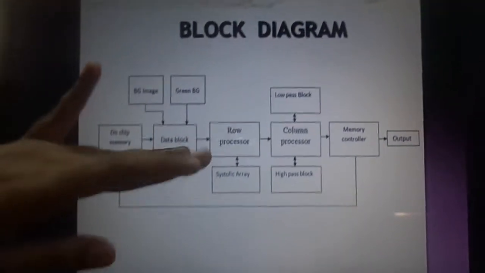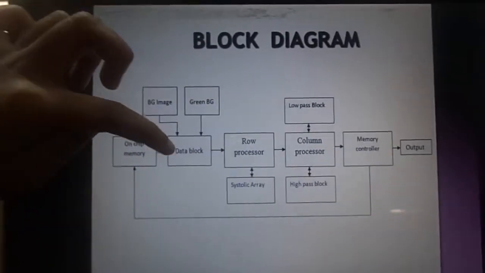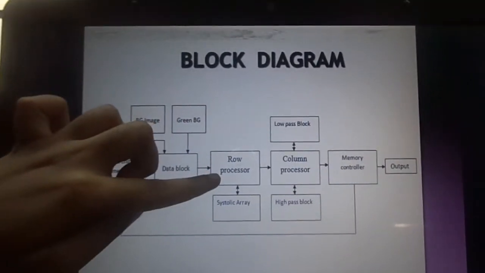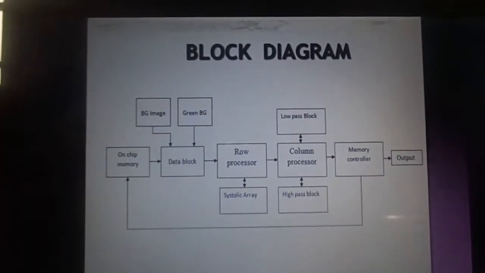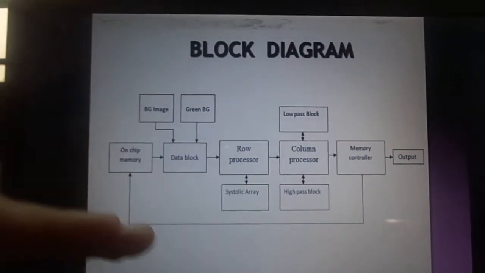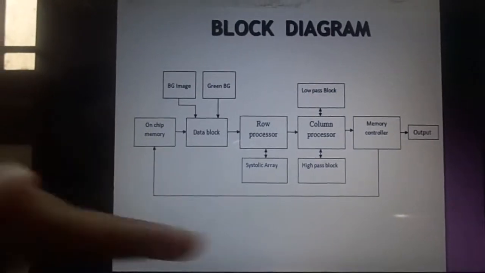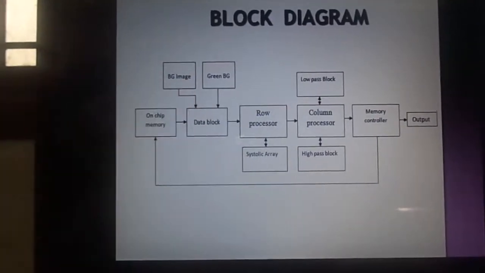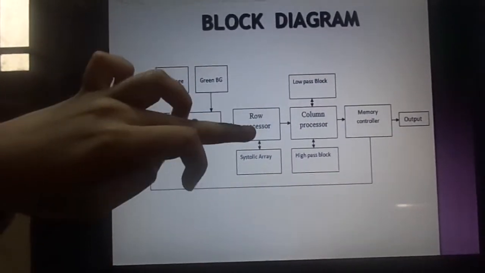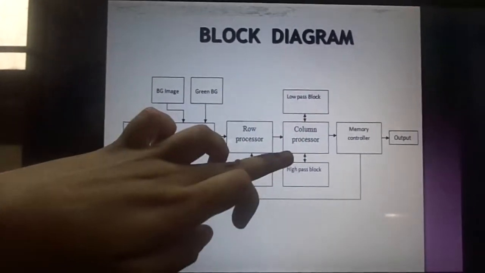The data block will store all these values, and it will give all these bits to the row processor. The row processor will process all these memory bits on a row basis, on a horizontal basis, the whole image, all the bits. After the row processor, it will go to the column processor.